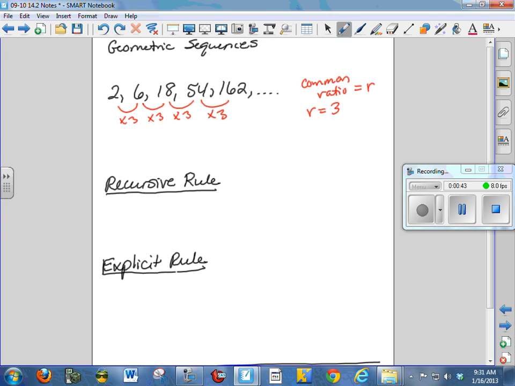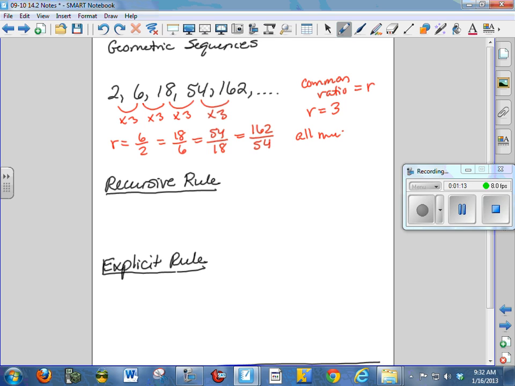Now what if you weren't really sure whether 54 times 3 is 162? If you just simply take a term divided by its previous term, you will always get R. So R is 6 over 2, which is equal to 18 over 6, which is equal to 54 over 18, which is equal to 162 over 54.